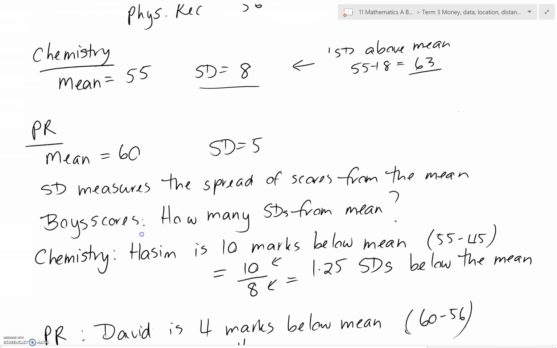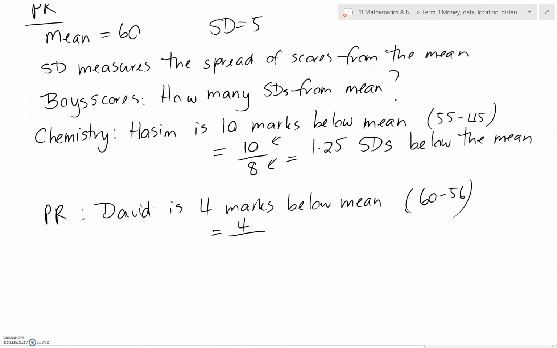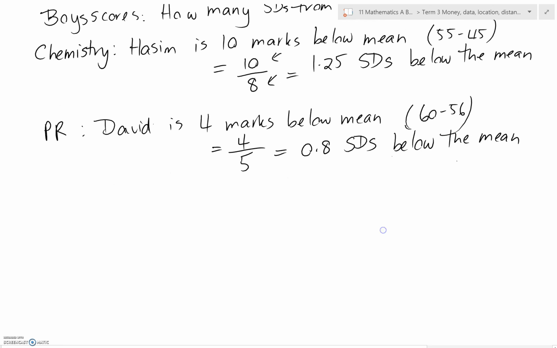He got 4 marks, and the standard deviation in physical recreation is 5. So how many times can we take 4 out of 5? Obviously it's less than 1. This time it's going to be 0.8 times. So that means he has 0.8 standard deviations below the mean, which you can see is less standard deviations than Haseem is below the chemistry mean.